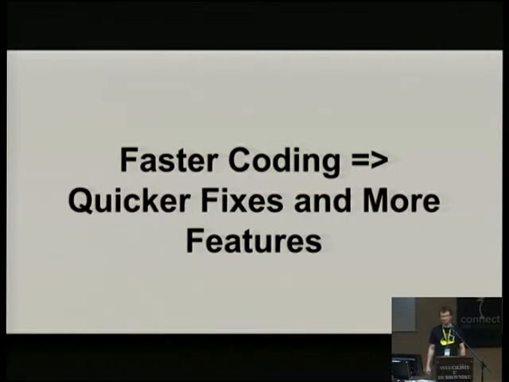That always makes me pain because M4, which is used in autotools, is not a very intuitive language. So, as I said, it's again fewer bugs because we can quickly fix them, and also more features because we can write them more quickly.